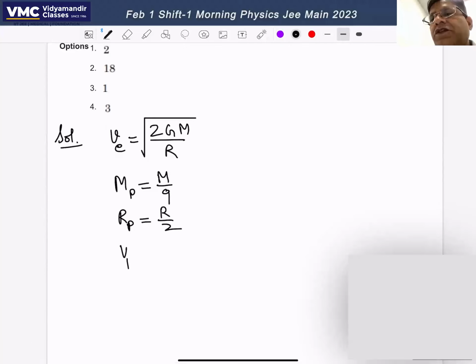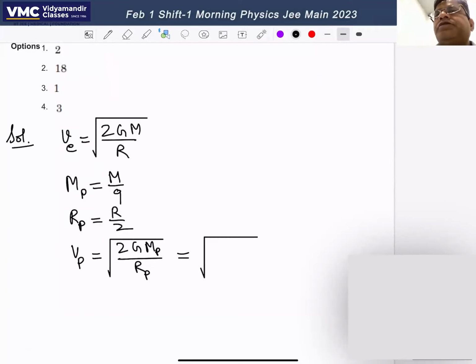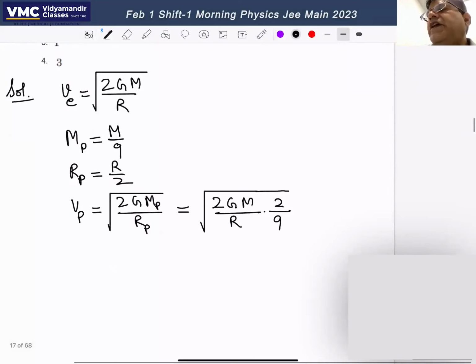So the escape velocity for this planet will be root of twice G times mass of planet divided by radius of planet, which ultimately comes out as twice GM by R, and this radius is R by 2, so 2 will come out upward, and then it will be divided by 9.